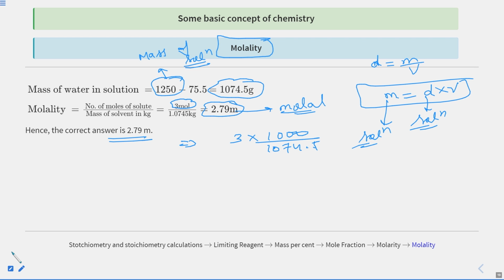Then we covered limiting reagent, and after that we covered terms for expression of concentration, like molarity, normality, molality, mole fraction, mass percentage, mass by mass percentage, volume by volume percentage, mass by volume percentage, ppm, ppb. These expressions are only to express the concentration.